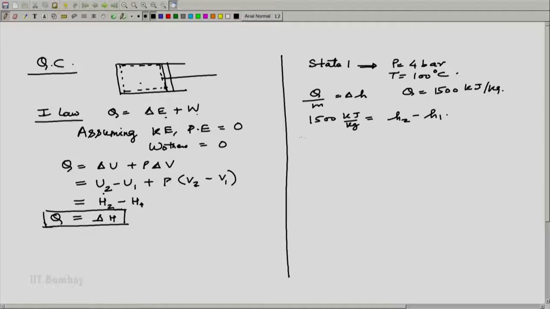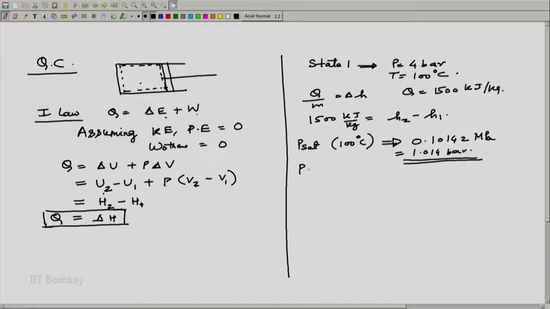Now, if I want to locate the state 1, it is very important that I should know what is the Psat at 100 degree centigrade. We know Psat at 100 degree centigrade is atmospheric pressure. So, I say that 0.10142 MPa or 1.014 bar is the Psat value, which is standard value, and my pressure is 4 bar here.